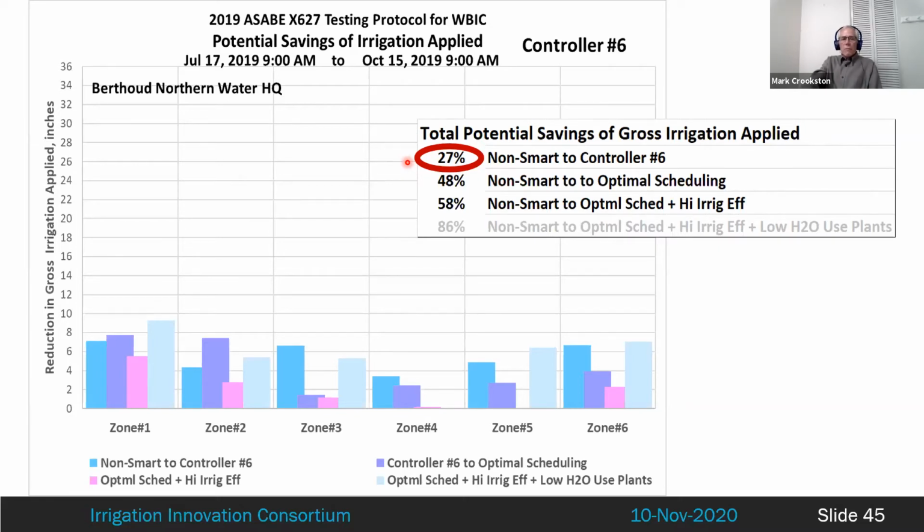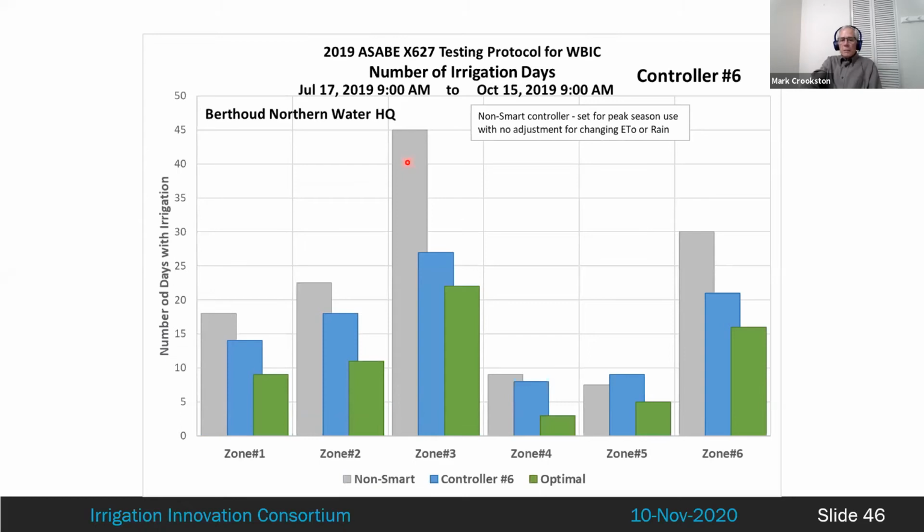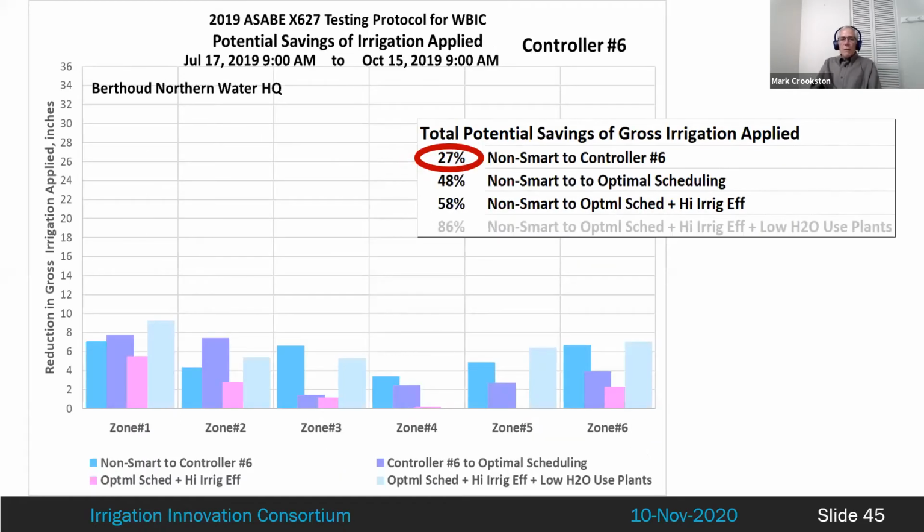If we went from non-smart to optimal scheduling, we could save 48% of the water that was applied by the non-smart controller. And if we went to optimal scheduling with a high irrigation efficiency, we could save 58%. So irrigation efficiency is a big factor in conserving water. And then if you go to the low water use landscapes, there's a whopping 86% that could be reduced from a non-smart controller.